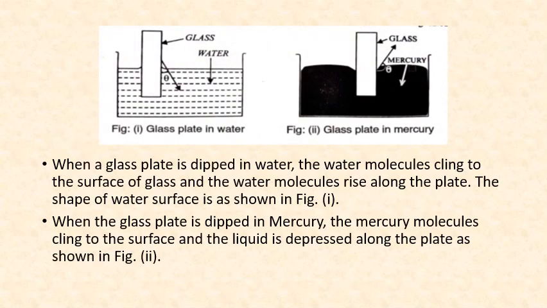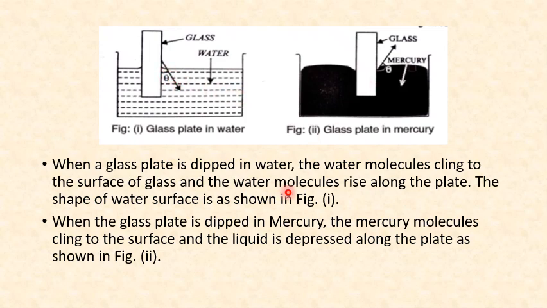Now why is the angle of contact important? Let us consider two scenarios: a glass plate dipped into a beaker containing water, and in the second scenario the same glass plate dipped into a beaker containing mercury. What happens in these two cases? What will be the angle of contact?